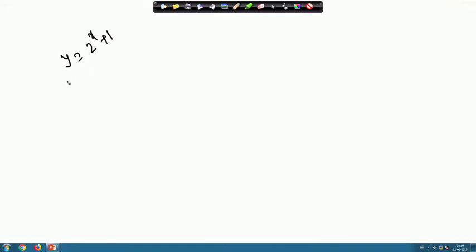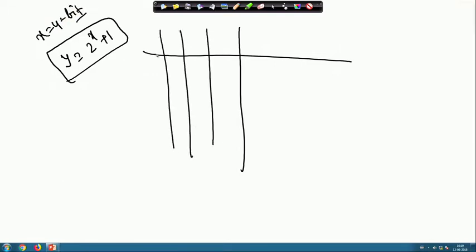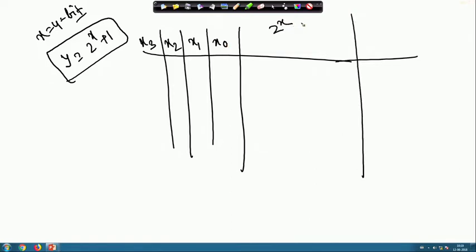Whenever we designed this 2 to the power x plus 1, how did we design it? Initially, considering x as 4 bits, we plotted x3, x2, x1 and x0, and for that we found the 2 to the power x value, and then 2 to the power x plus 1.